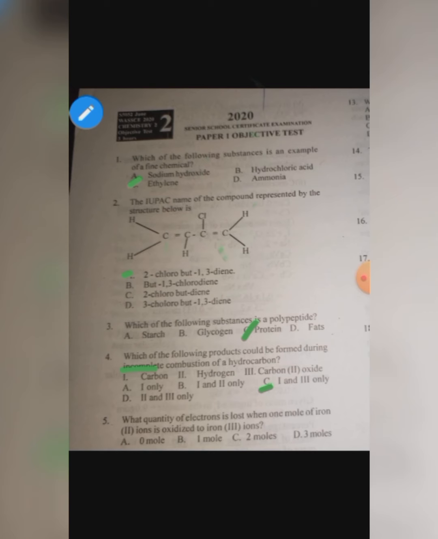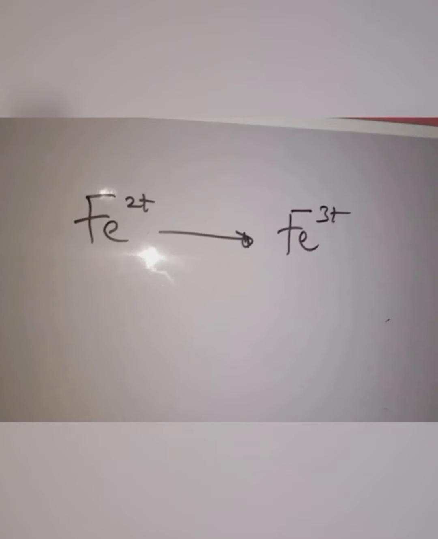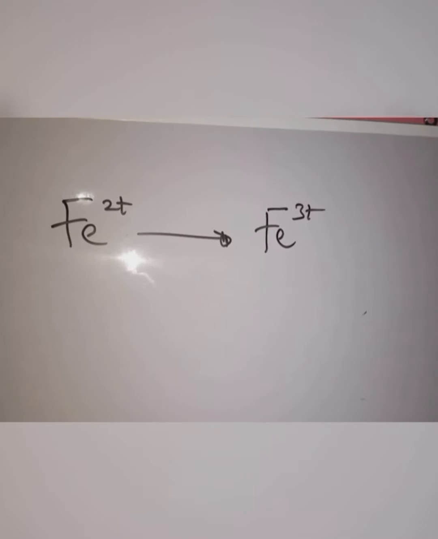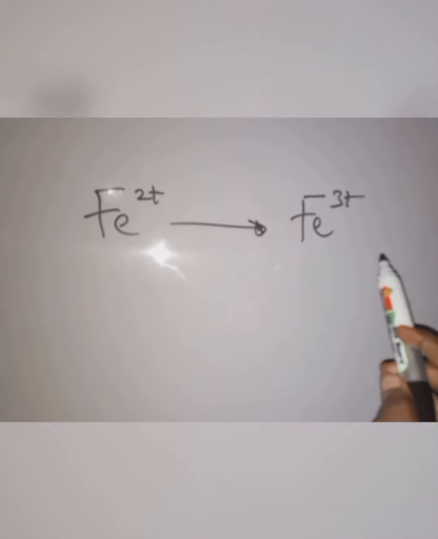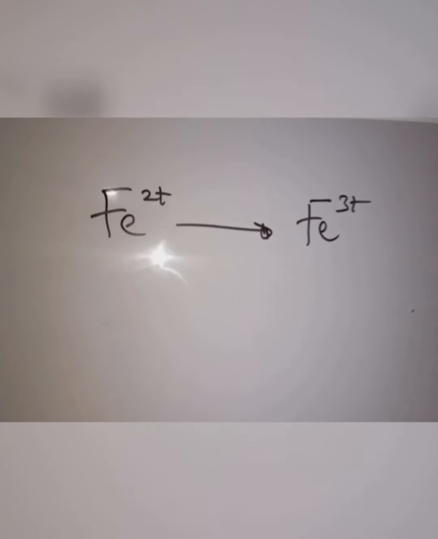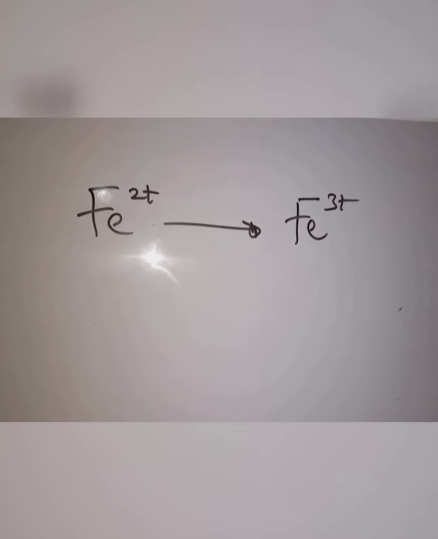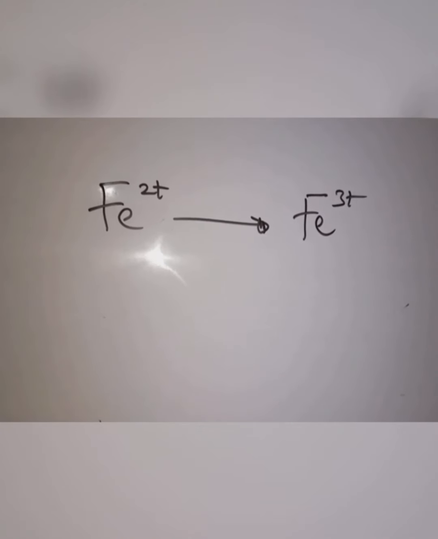Question 5 says, what quantity of electrons is lost when 1 mole of iron(II) is oxidized to iron(III) ions? In oxidation there is loss of an electron, and in reduction there is gain of electron.